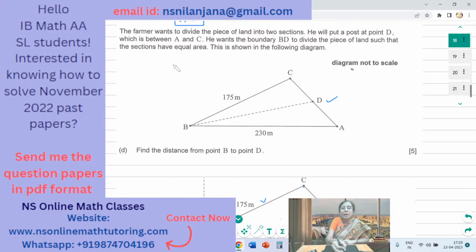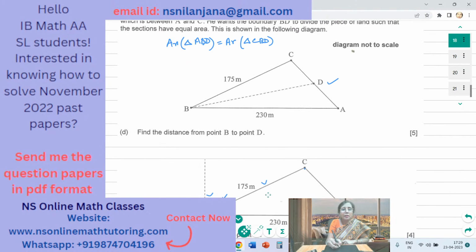That means the area of triangle ABD should be equal to the area of triangle CBD.